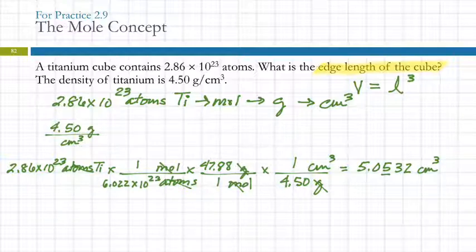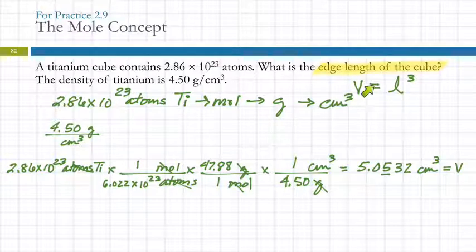Is this the edge length of the cube? No. This is the volume of the cube. So I do not want to round this to 3 sig figs here because that can introduce rounding errors. So that's why I want these 2 extra digits. That's enough to keep us from getting rounding errors.